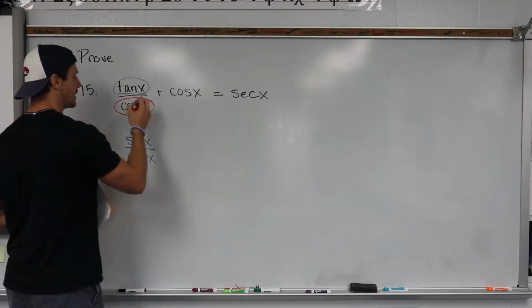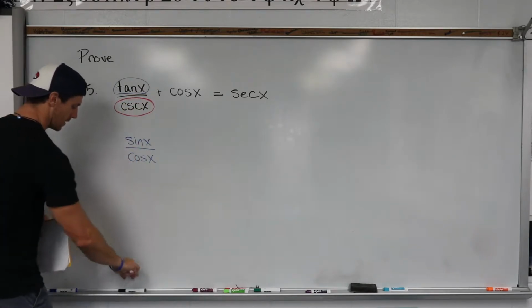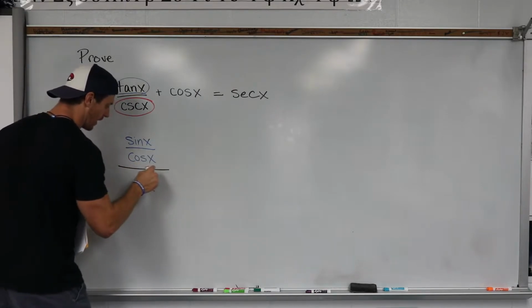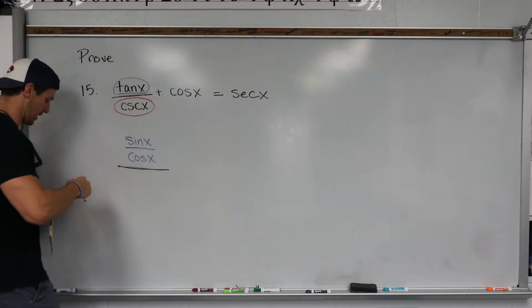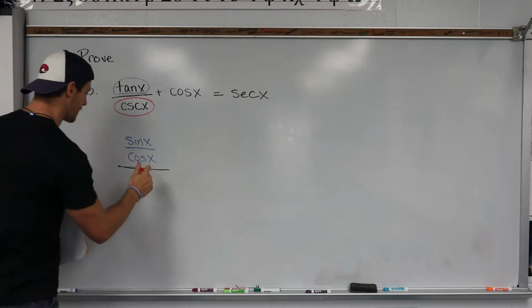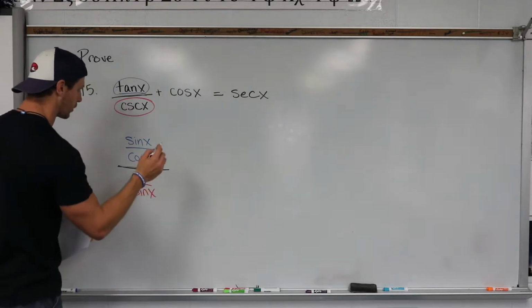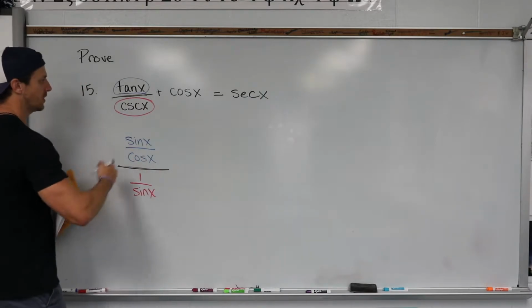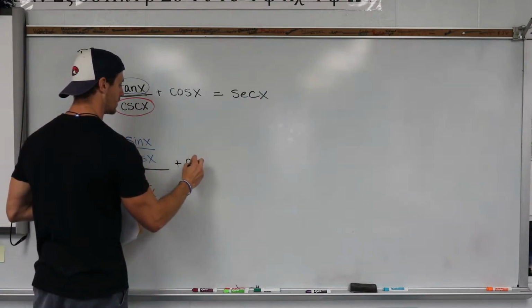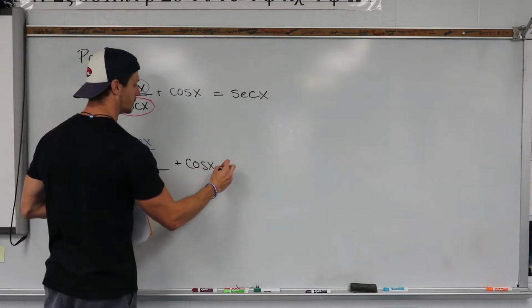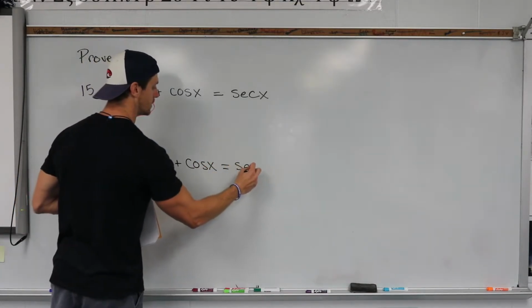Cosecant, still have this major division sign happening here. Cosecant is 1 over sine. Now this looks really weird, a fraction divided by a fraction. We're going to fix that in just a sec. But you still have the plus cosine of x, which is equal to secant of x.